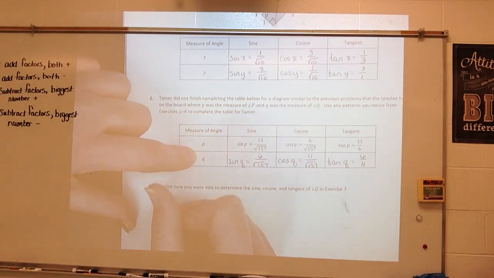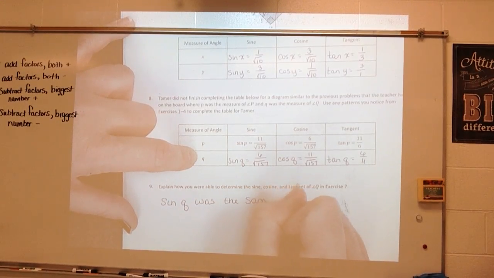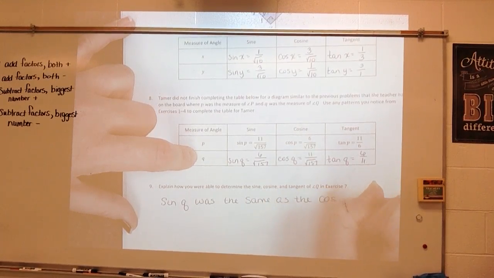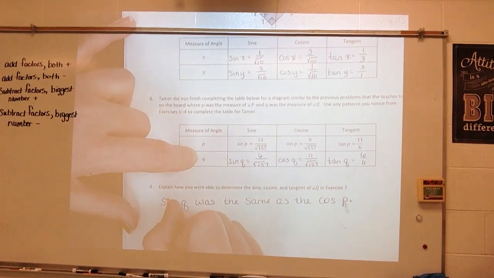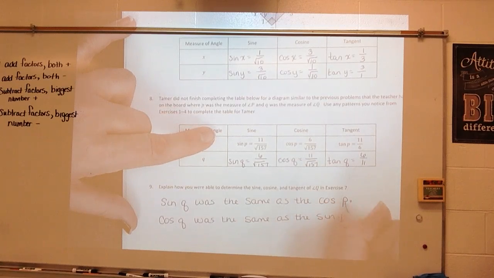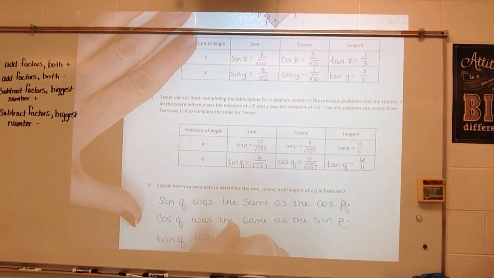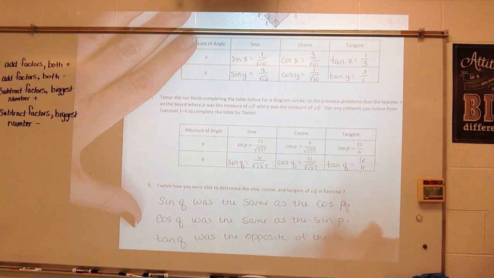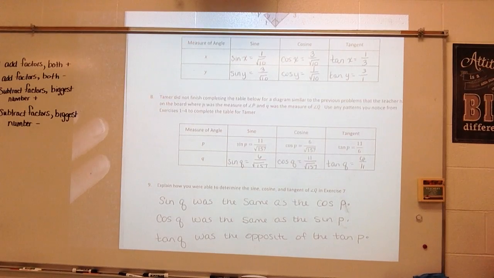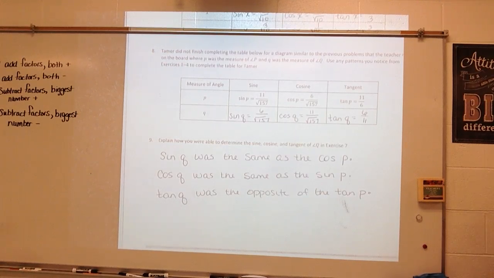The sine of Q was the same as the cosine of P. The cosine of Q was the same as the sine of P. And then the tangent of Q was the opposite of the tangent of P. So the tangent of P was 11 over 6, so the tangent of Q was 6 over 11.